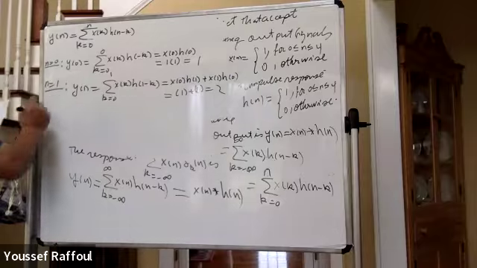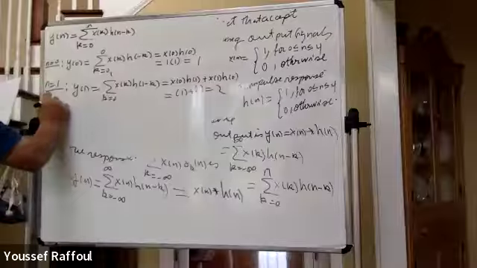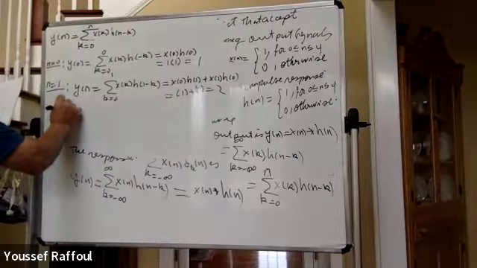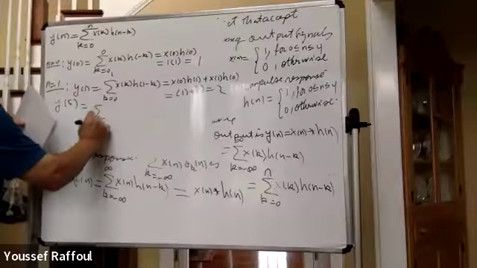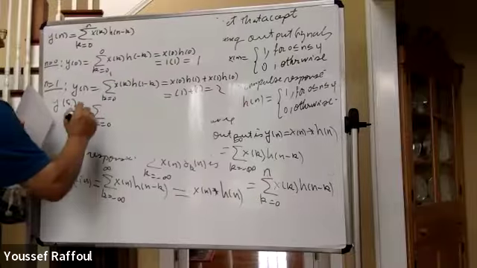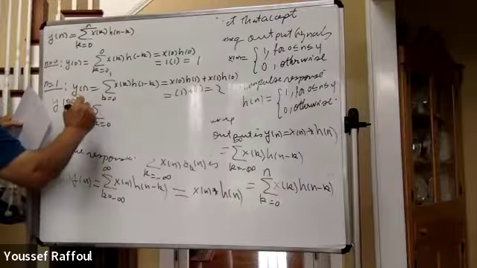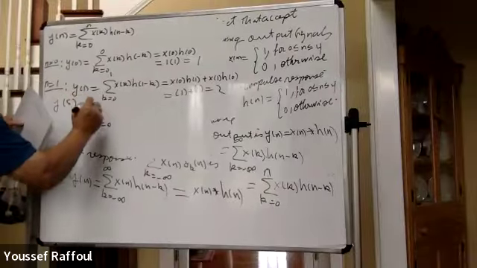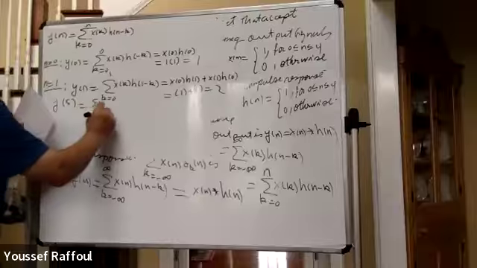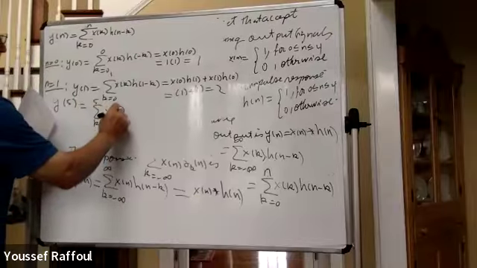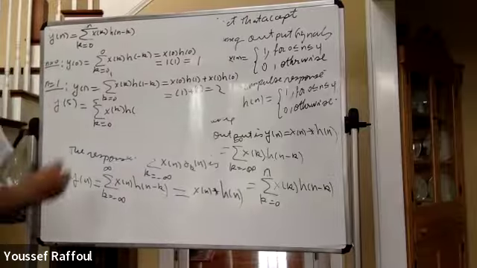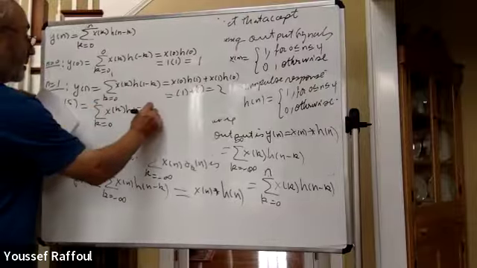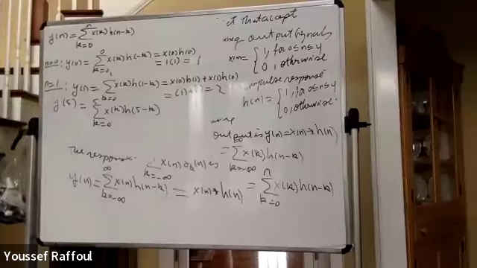For example, if you want y5, that is the sum for k equals 0 to 5 of xk h of 5 minus k.